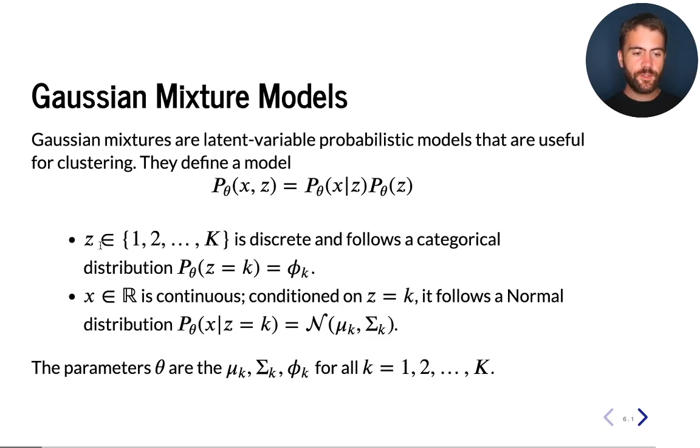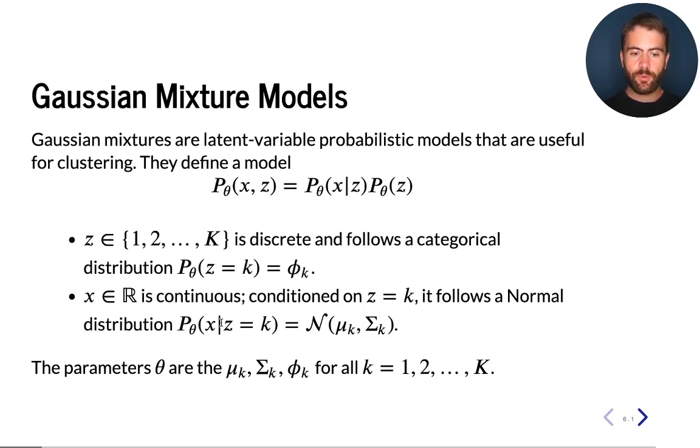The z here is a categorical variable, and this denotes the value of the cluster. It takes values from 1 to k. The distribution of z is a categorical one, and each cluster has a probability that equals phi k. X is the visible variable. It is assumed to be continuous, and it follows a Gaussian distribution conditioned on z equals k.